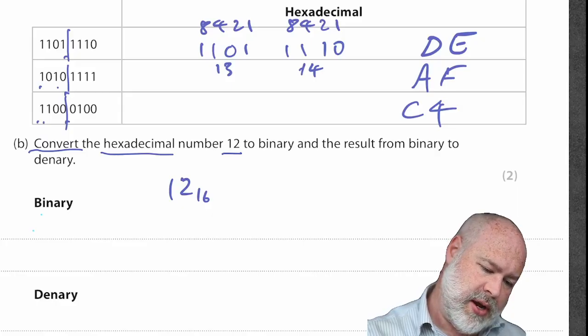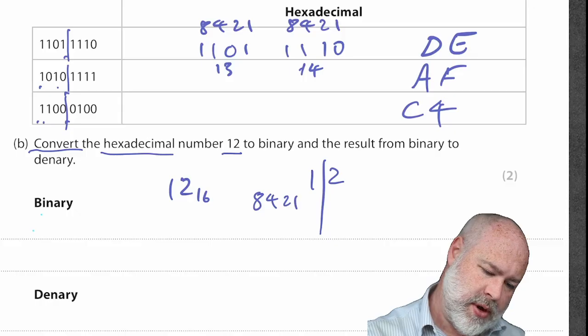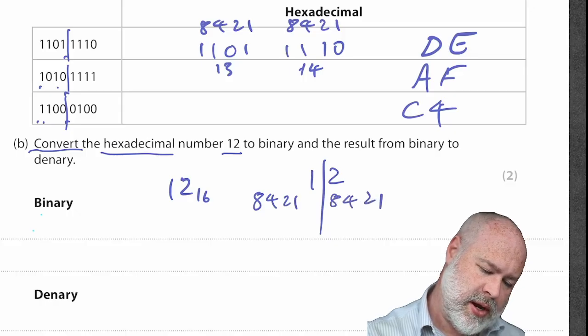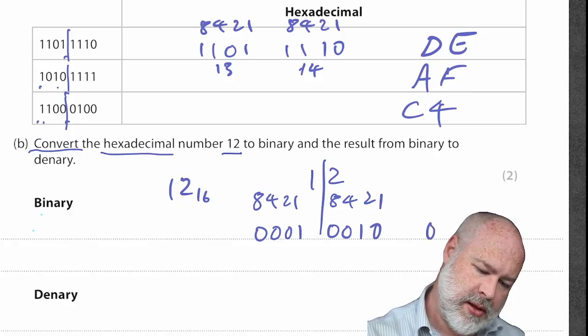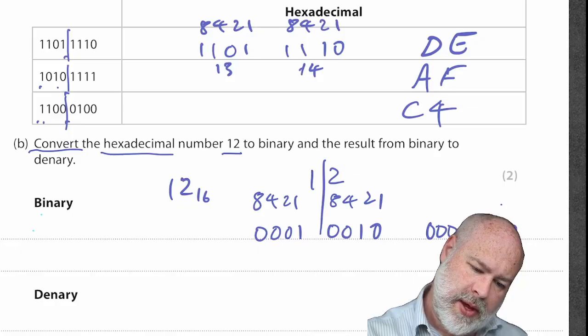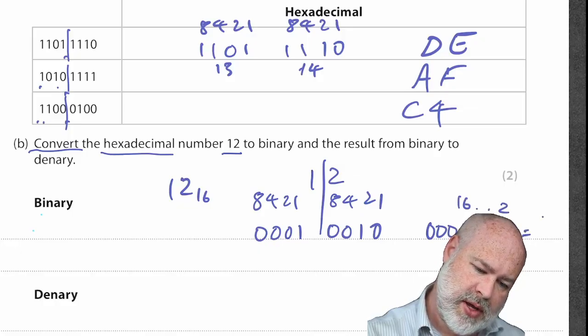In binary, we'll just take that 12, we split it up, 8421, 8421, and 1 is just 0001 in there, and then 0010. Okay, and then combine them together. That's worth a 2, 4, 8, 16. So 16 plus 2 equals 18. So that's the denary.